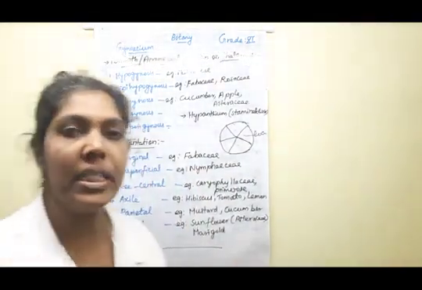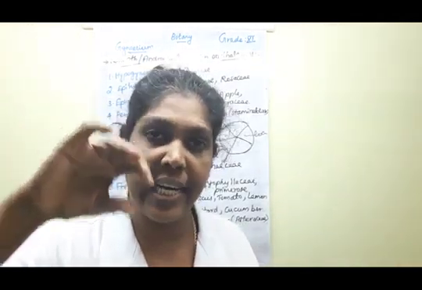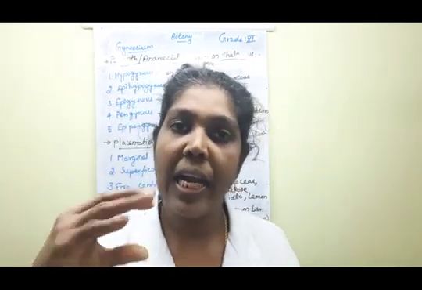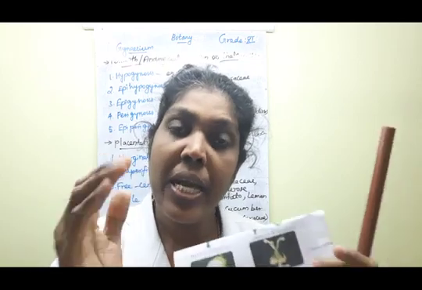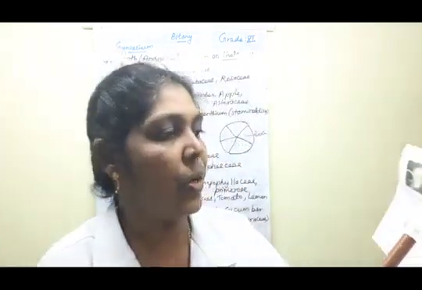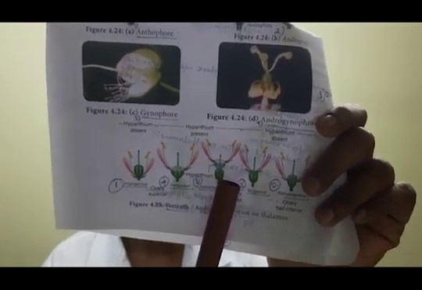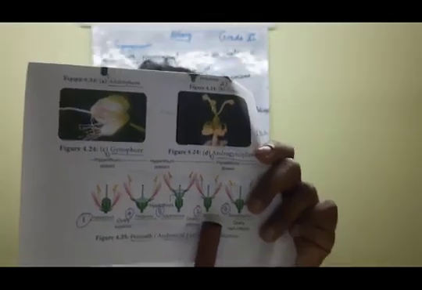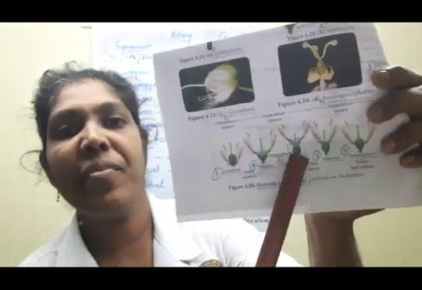Next one is the epiperigynous flower. In this flower, as I already said in the definition of the hypanthium, the hypanthium is present at the tip of the inferior ovary.